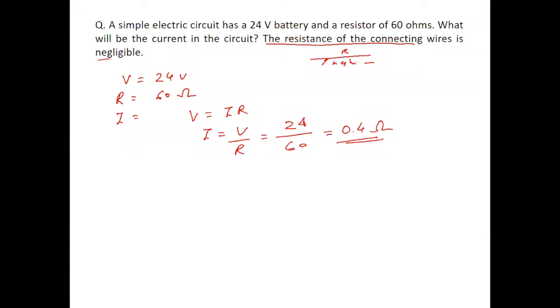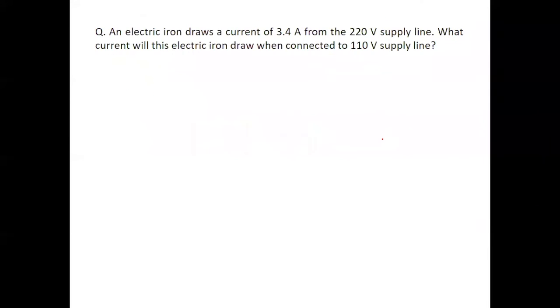Okay, we'll do one more question. An electric iron draws a current of 3.4 ampere from a 220 volt supply line. What current will this electric iron draw when connected to a 110 volt supply line?